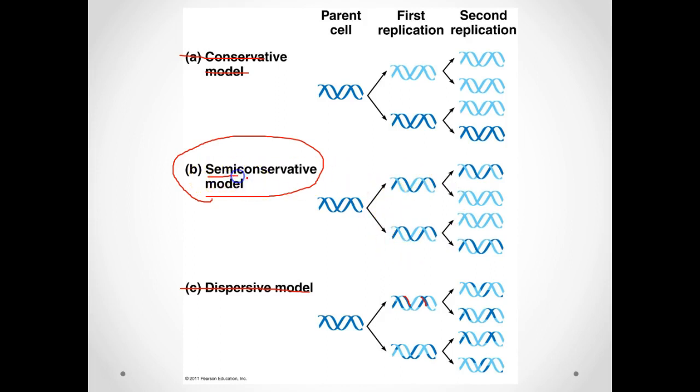Again, semi-conserved because you are conserving one strand per DNA molecule. So this DNA molecule has one strand conserved from the original parent. This strand has one strand conserved from this parent. This strand has the original parent strand conserved as well, and so you'll even see throughout the second replication you still conserve one strand of DNA.